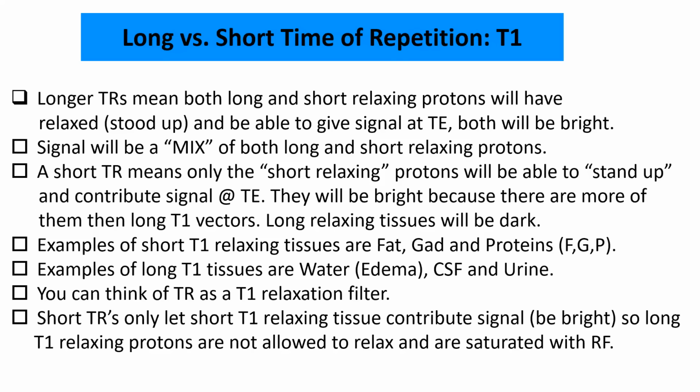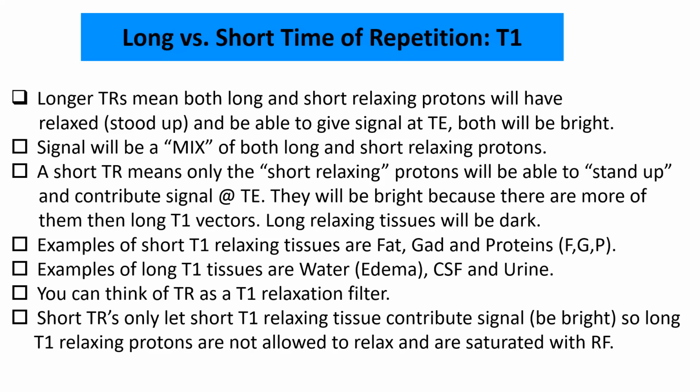So in MRI, our signals are mixed. We can see signal from any one of those tissues, depending on whether we use a short TR or a long TR or a short TE. For example, a short TR is going to allow only short relaxing tissues to stand up.